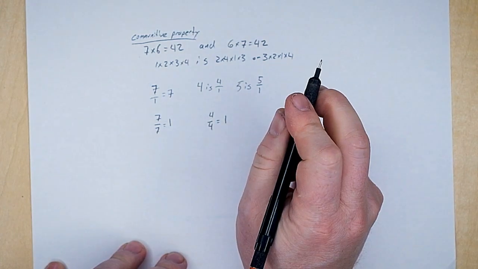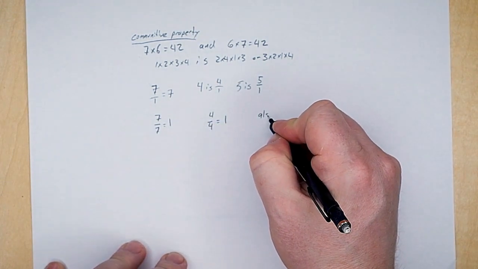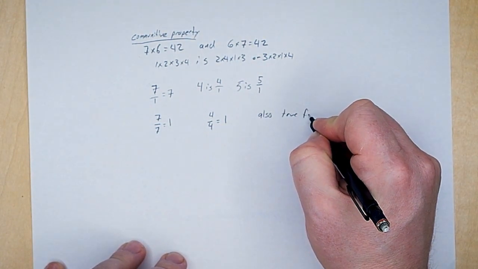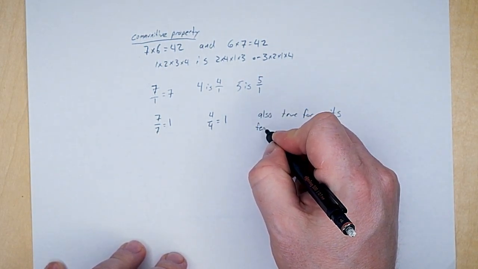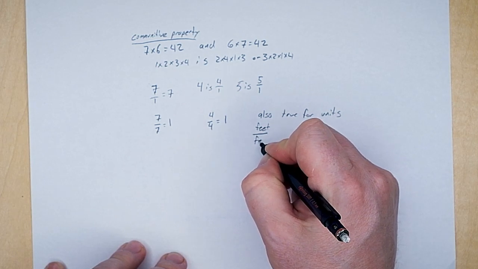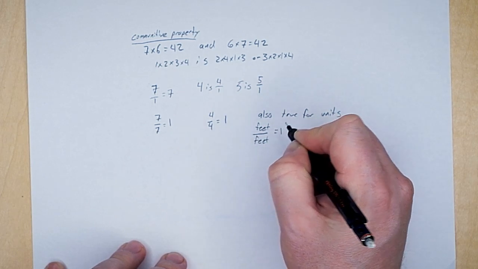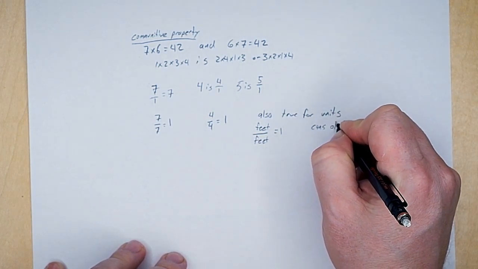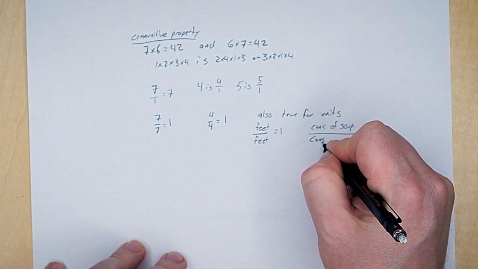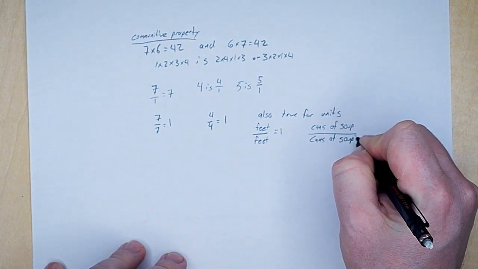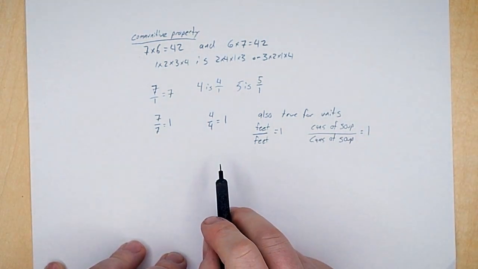Another number property, any number divided by itself is equal to 1. 7 divided by 7 is 1, 4 divided by 4 is 1. This is also true for units. Feet divided by feet equals 1. Cans of soup divided by cans of soup also equals 1. When we do this, we say we cancel the units. Feet over feet no longer has a unit, it's just a ratio.